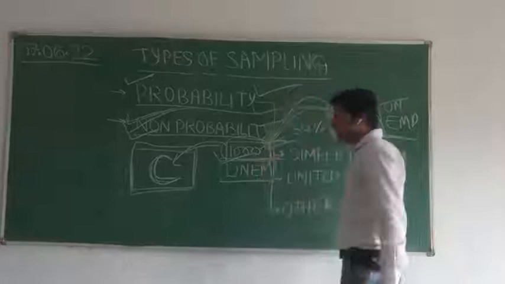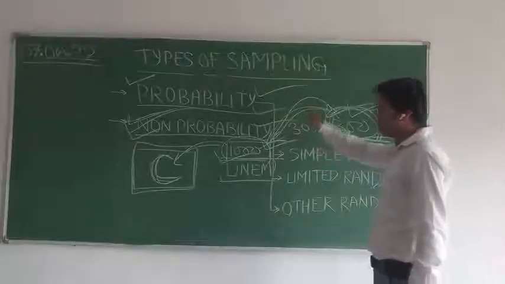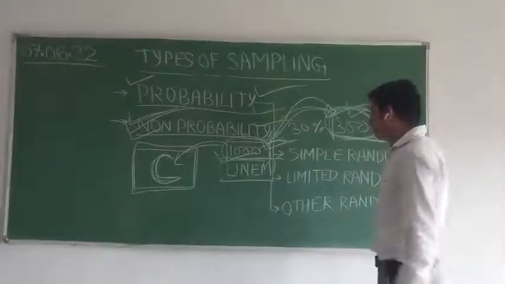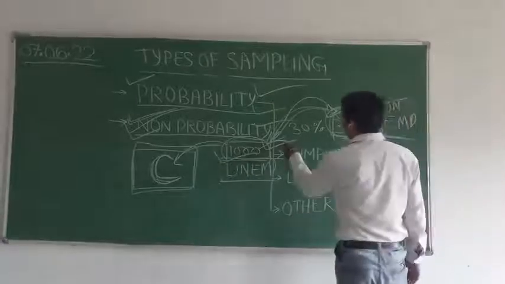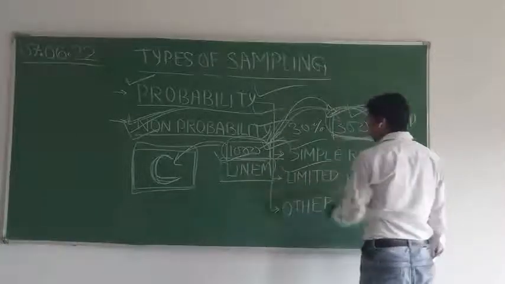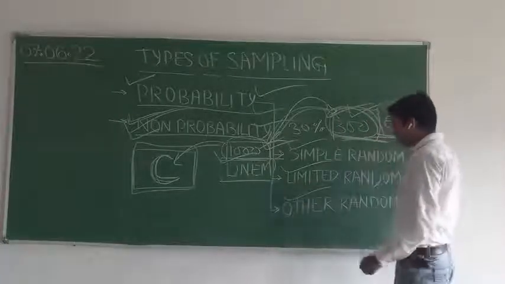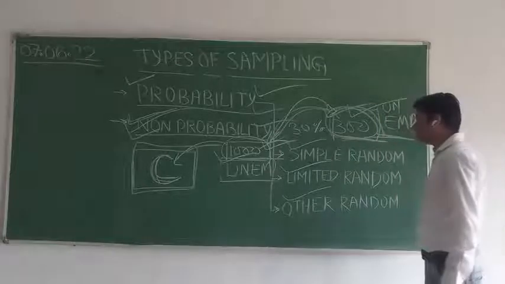So we are now discussing the types of probability sampling. There are three kinds of probability sampling: simple, limited, and other random sampling.